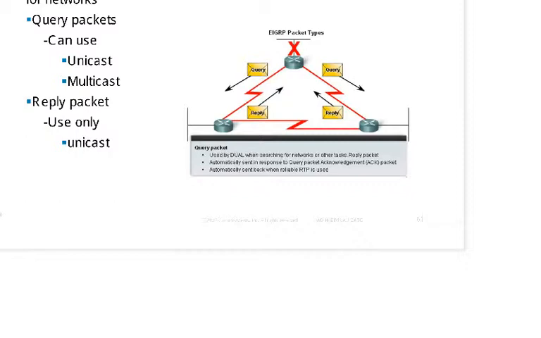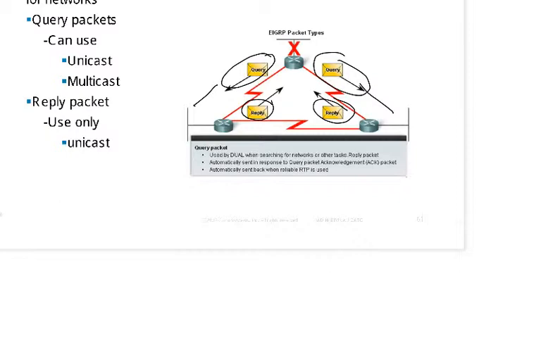Similarly, the query is sent as a multicast message, and the query is sent in a reliable mode. So the query itself is sent in a reliable mode, and the reply is sent in a unicast reliable mode as well.